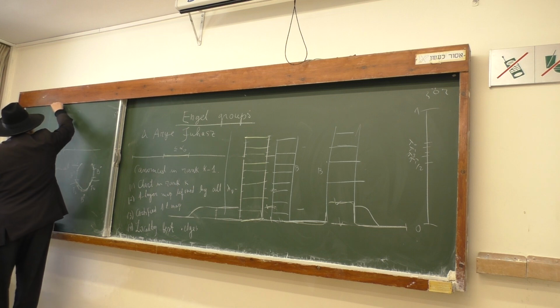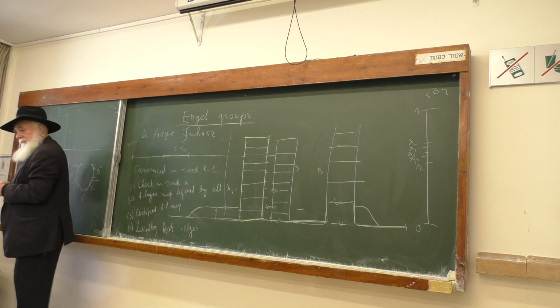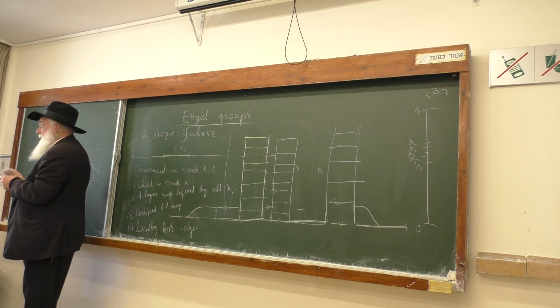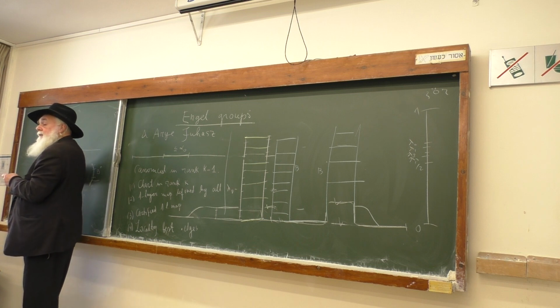Here we have a flat of rank k, here of rank k. All of them have the same B, and then it might happen that this will fill in the gap between two flats in rank k.